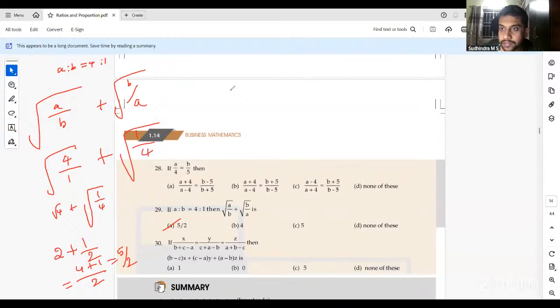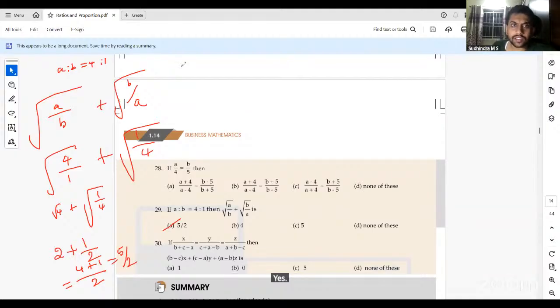Prapti, correct. Bhavish, correct. Swati MC, correct. Smriti Hegde, correct. Wait, Samanvita, correct. Smriti Hegde, I think you have to recheck. That's not the correct answer. Sorry. Yes.